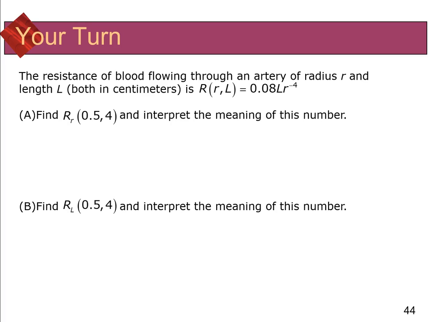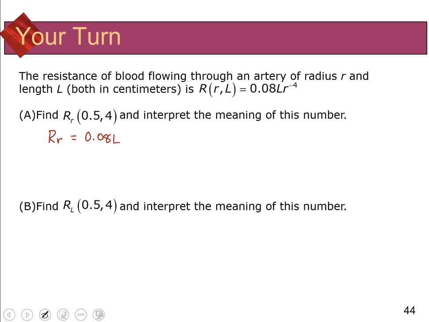Well, first I'm not going to worry about the 0.5, 4 right now. Let's get my derivative function first. The L is going to be treated as a constant, so the 0.08 L is going to stay right there.